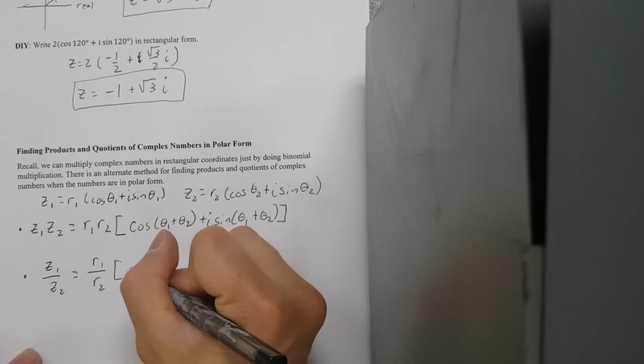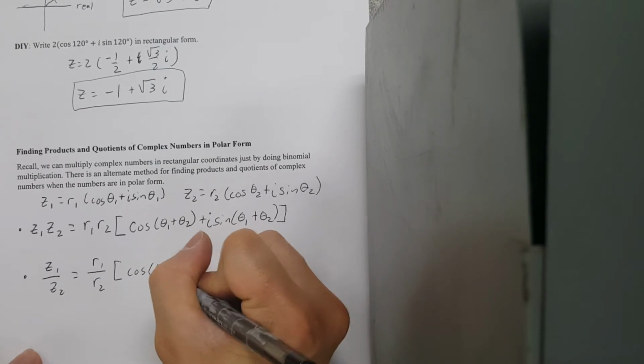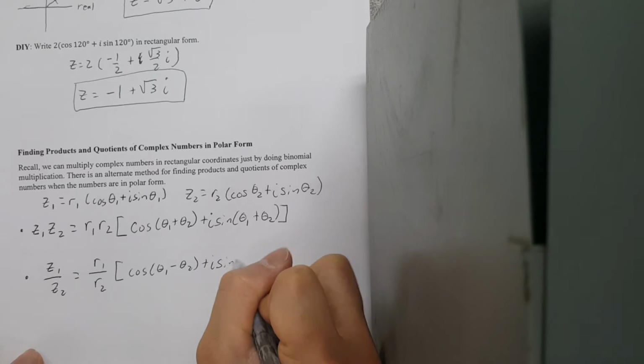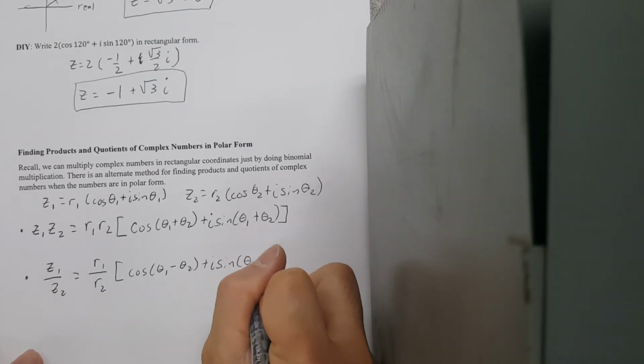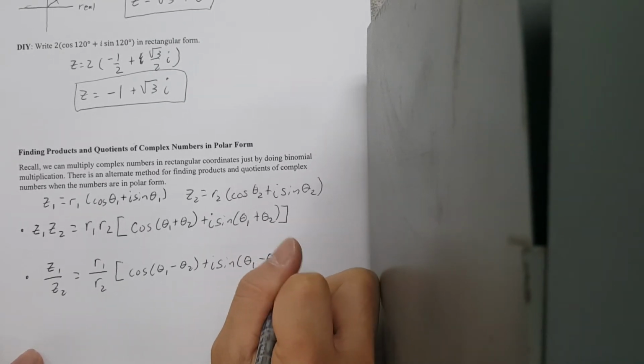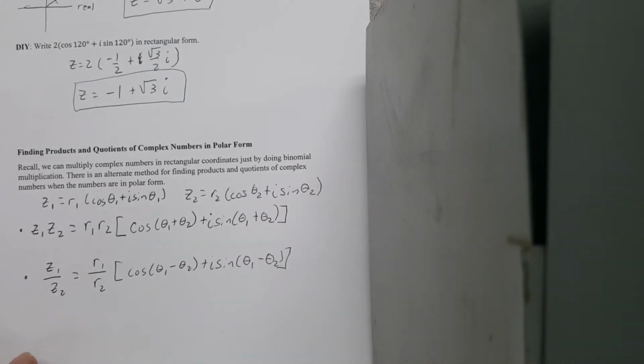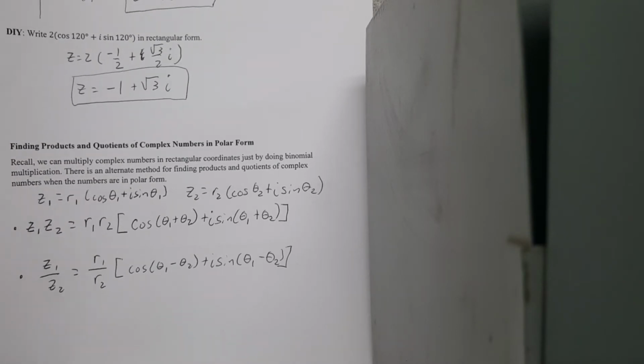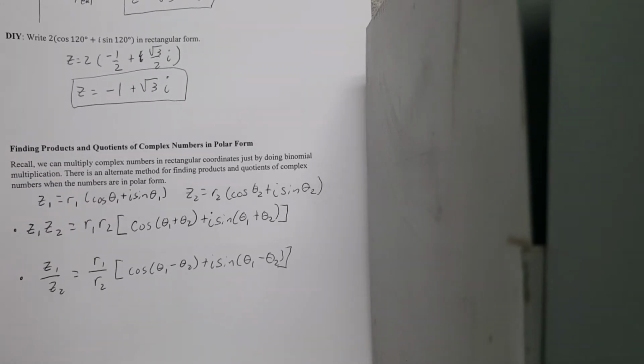And this is going to be the same thing, except instead of addition, it's subtraction. So write those down, and then we'll move on to actually using these to solve problems.